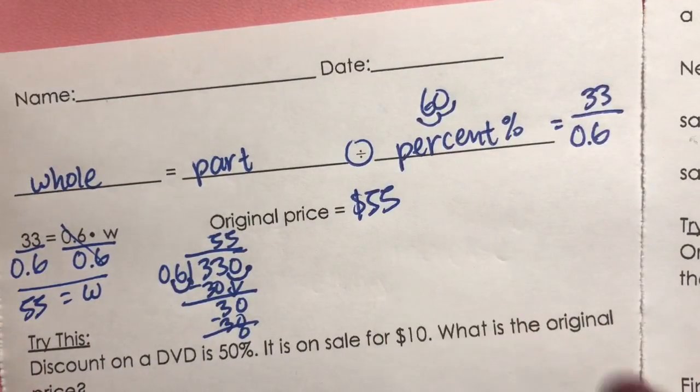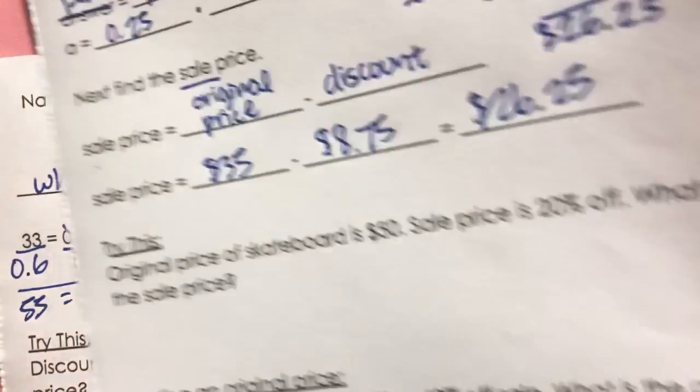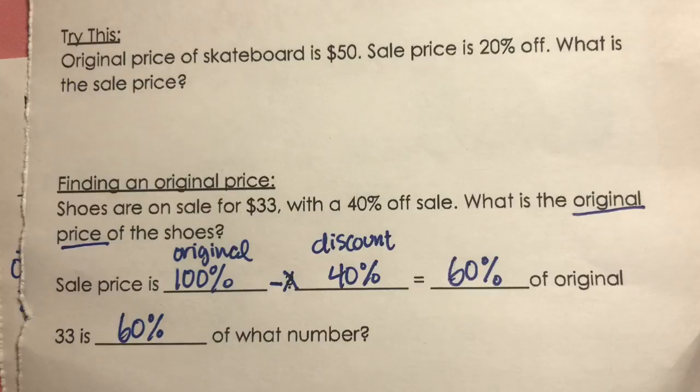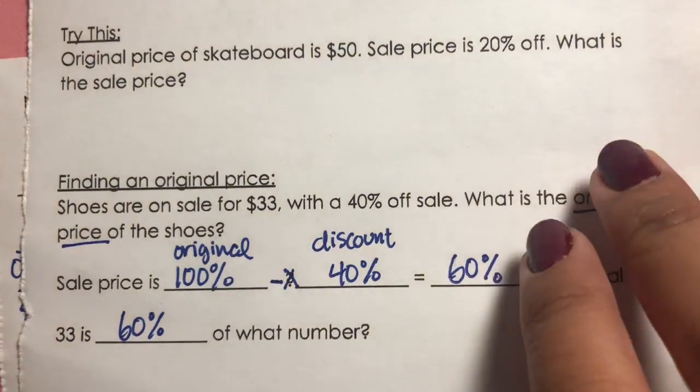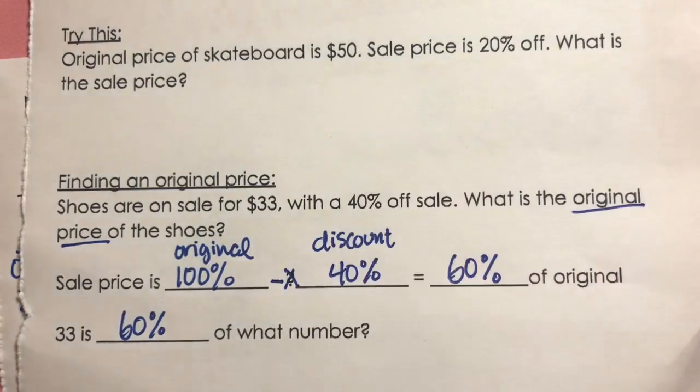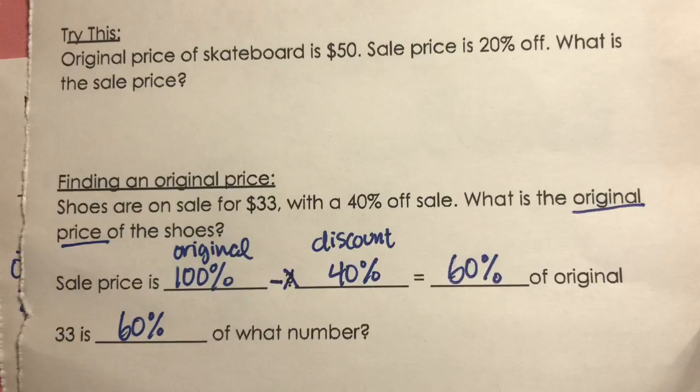So just using common sense, you already know it's going to be somewhere below $66, but much less than that because we're not doing a 50% off sale, it's a 40% off sale. If you need more clarification about that, please raise your hand and let me know. But it's just something to think about. Think about what your percentages are, and you know what your baseline percentages are: 25%, 50%. And whatever percentage you're looking for, you've got to figure out, okay, is it around those baseline percentages?